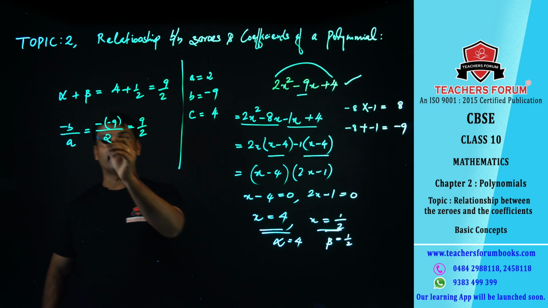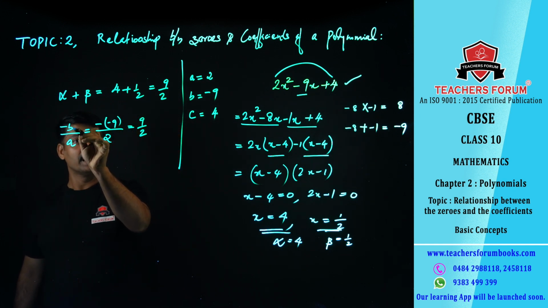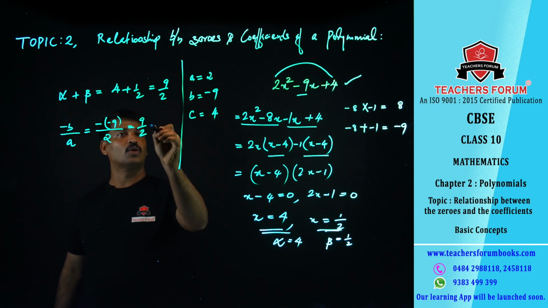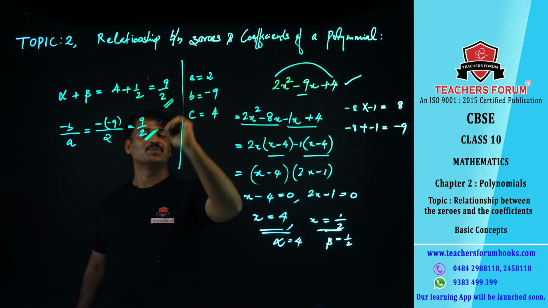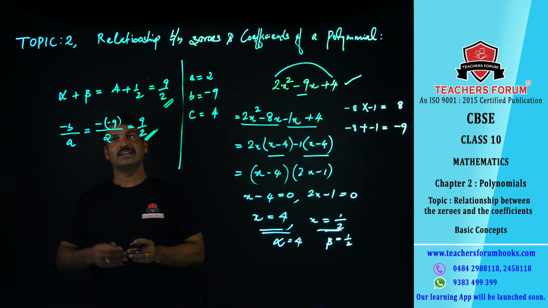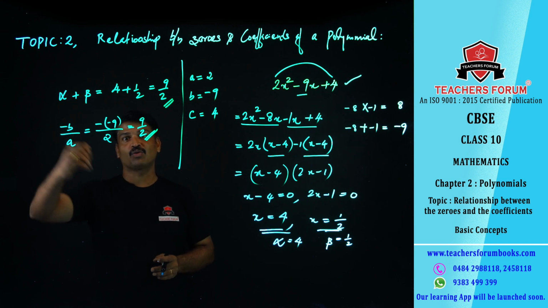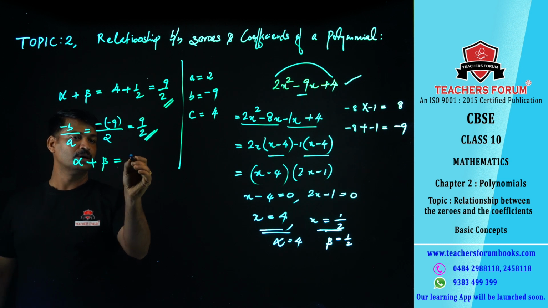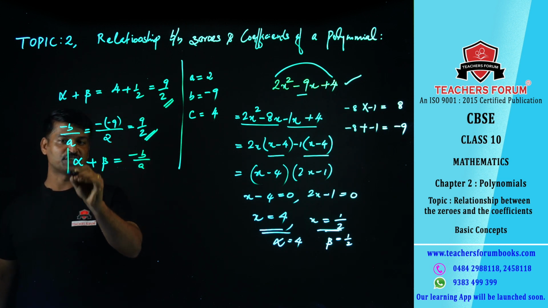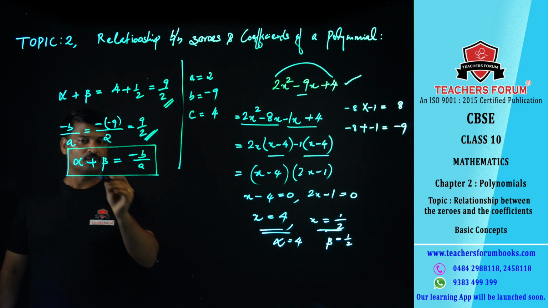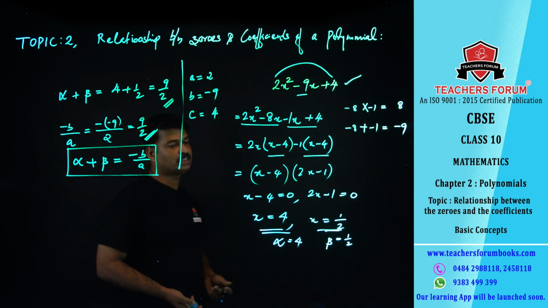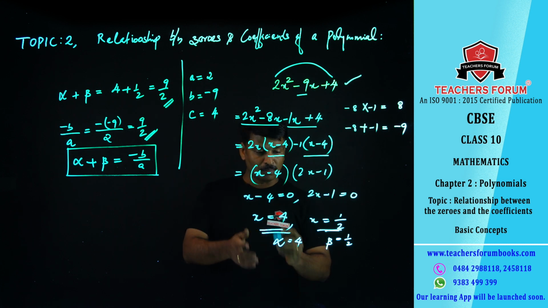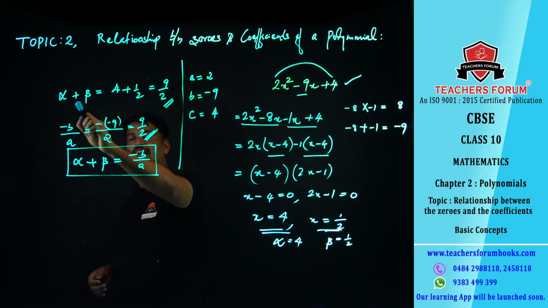And when you find the minus of the coefficient of x by the coefficient of x square, that is minus b by a, its value is also 9 by 2. So there is a relation between the sum of zeros and the coefficients. That is, alpha plus beta is equal to minus b by a. This is the relation. Is it clear? Alpha and beta are the zeros of a quadratic polynomial. Now the sum of zeros is alpha plus beta.